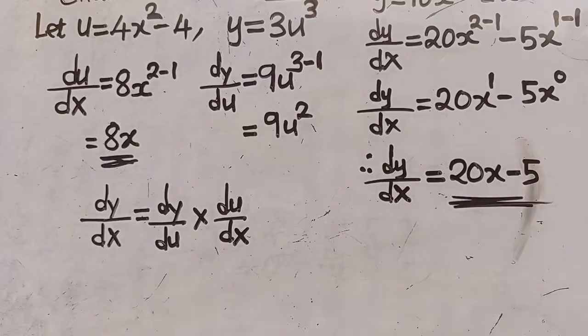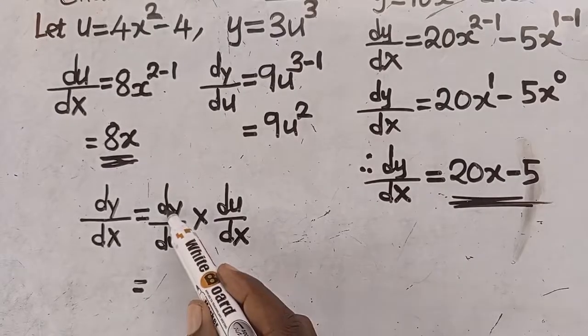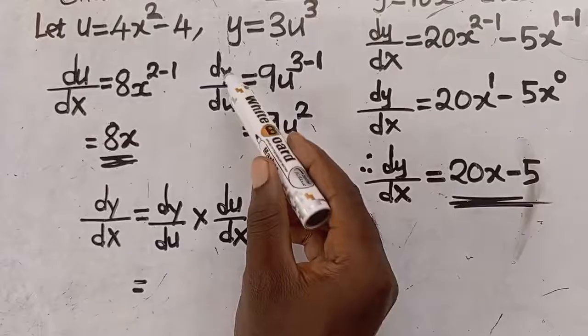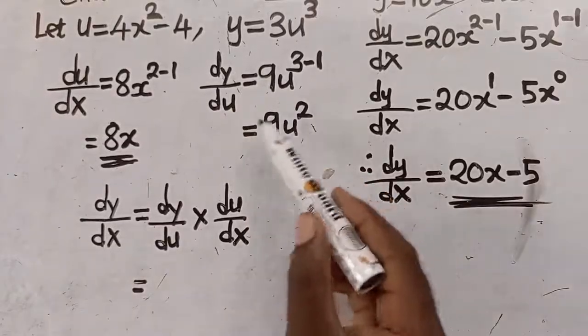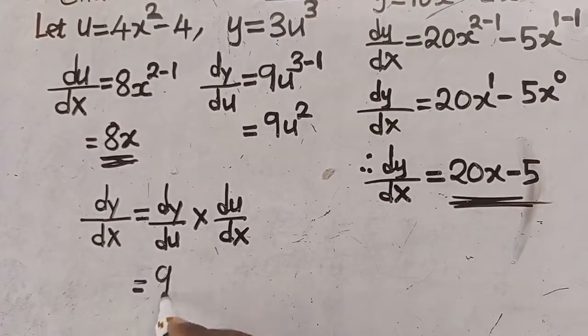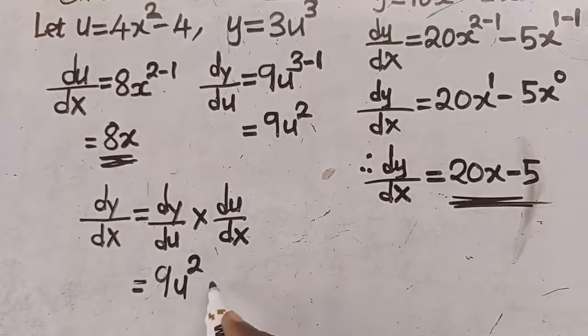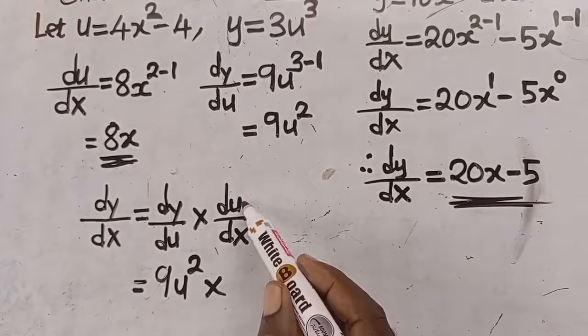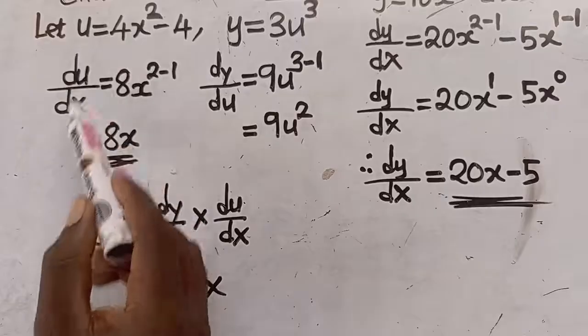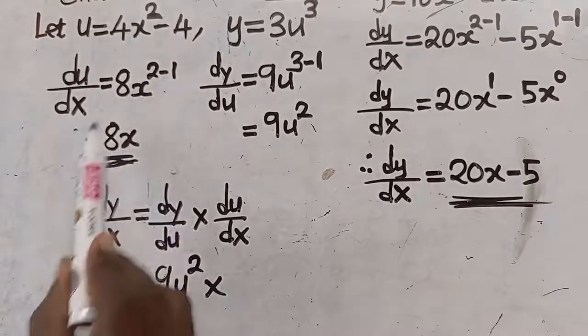So here, what are we going to say? We say now this is equal to, what is the dy/du? dy/du, this is the answer that is here. The answer is what? 9u squared multiplied by, what is du/dx? du/dx is what? 8x.